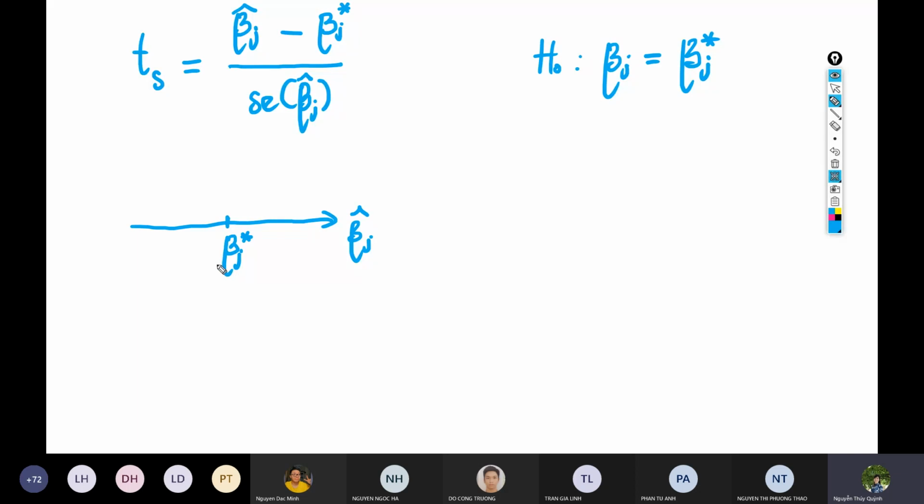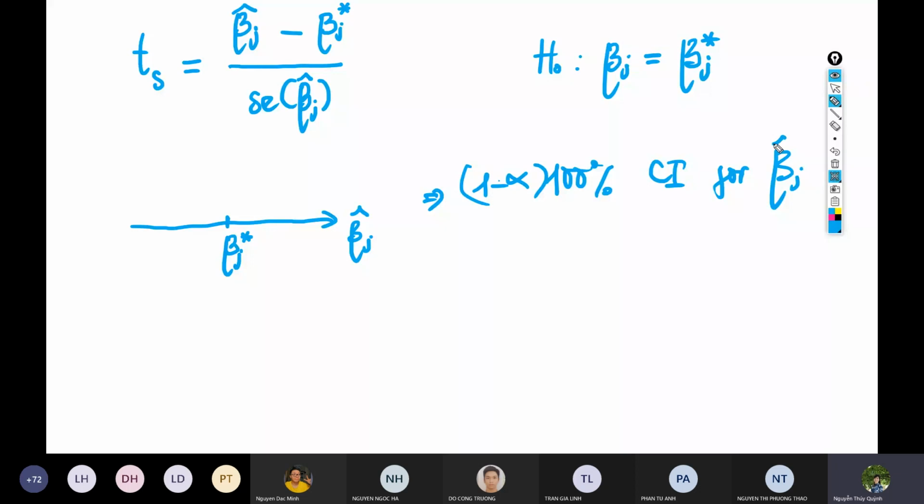From this, you can construct the 1 minus alpha times 100% confidence interval for the observed value of beta j hat.